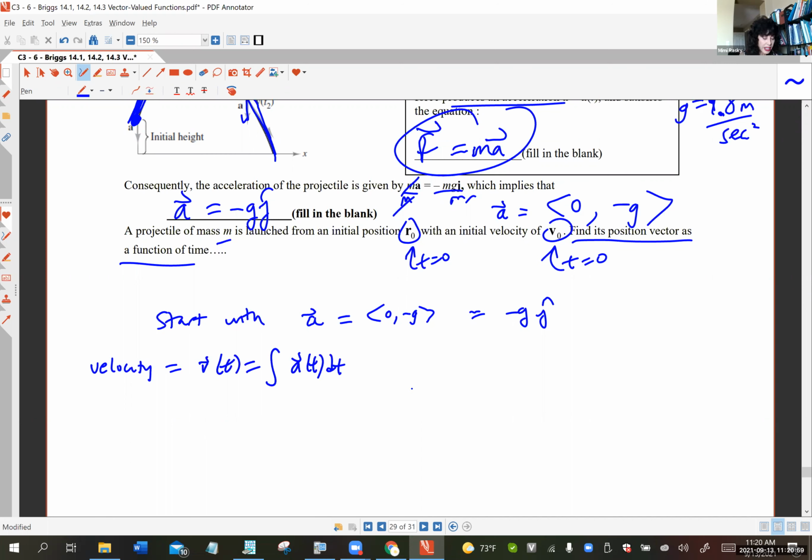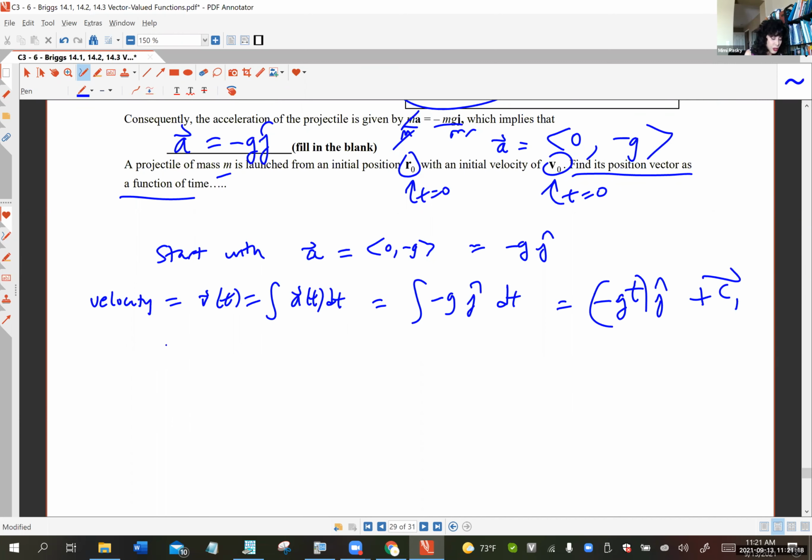And so when we integrate negative g j hat dt, we're going to get negative g times t j hat, plus some constant vector. I'll just call it c1 with a little arrow.